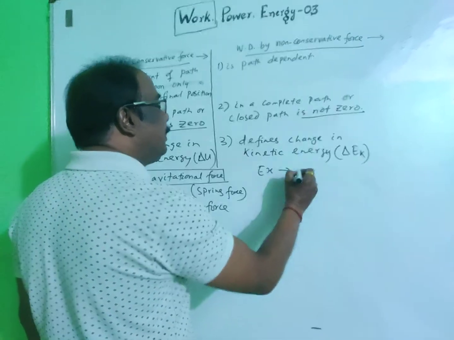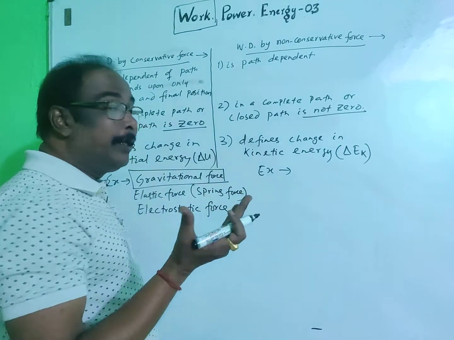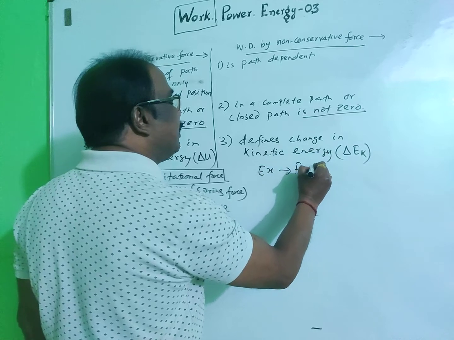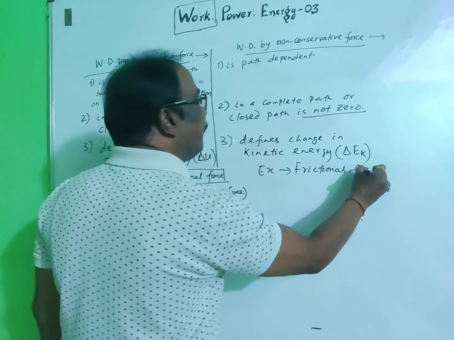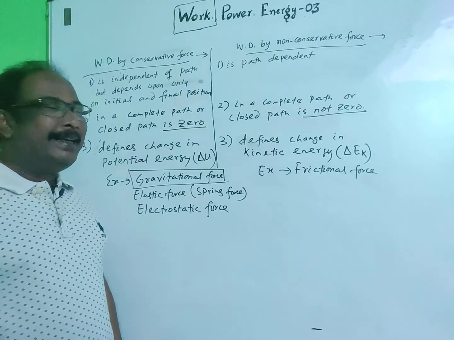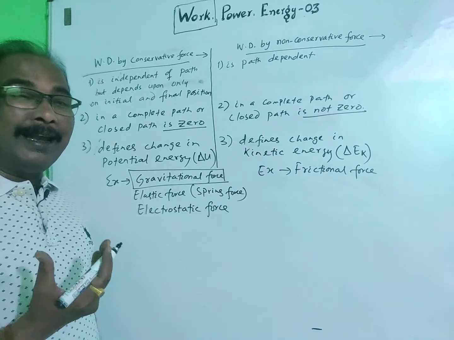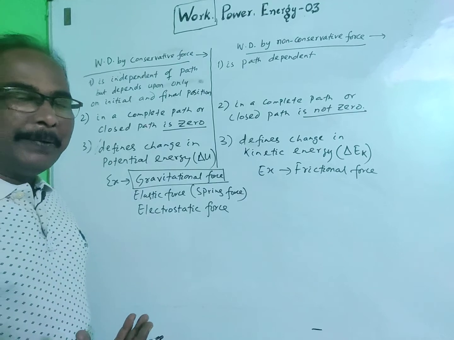Similarly, for an example of non-conservative force, the best example which we'll discuss today itself is frictional force. You know friction. When a body moves on a surface, then kinetic friction opposes the relative motion between the surfaces.